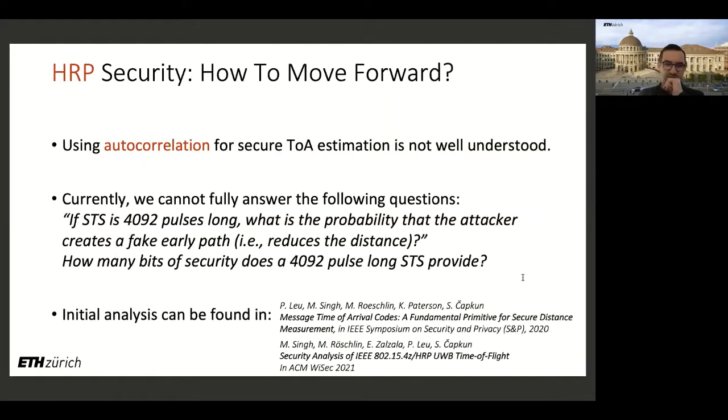So how do we move forward? Well, we have tried to do that by a series of papers. You will find some of our ideas and analysis in the papers that you see below, right? What we want to answer for these systems is how many bits of security a 4092 pulse long sequence provides, right?